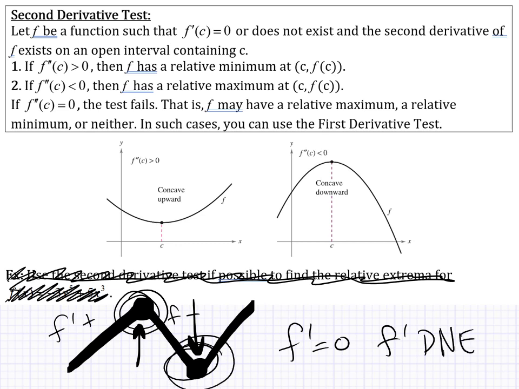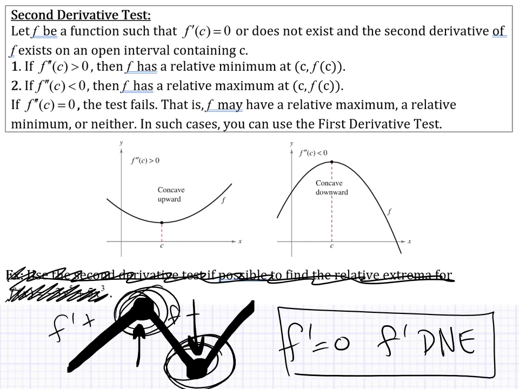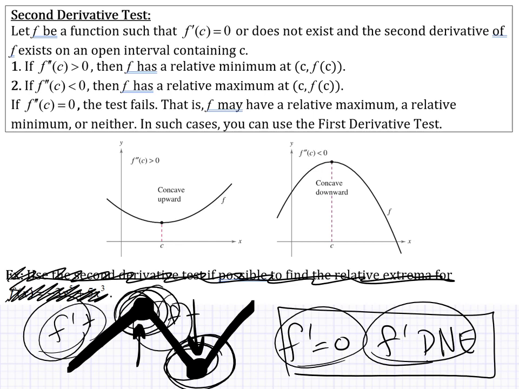So maximums and minimums are initially found by first looking at where the first derivative is 0 or does not exist, and then from those critical numbers, we then tested them using the first derivative and looking at the sign of the first derivative to determine if these critical numbers were in fact maxes and mins.